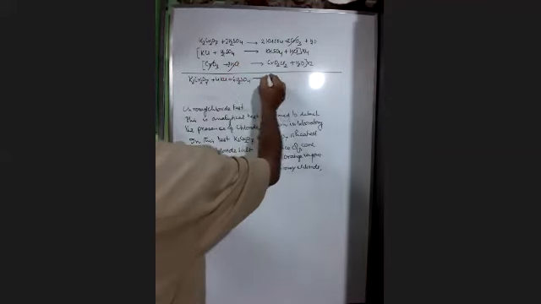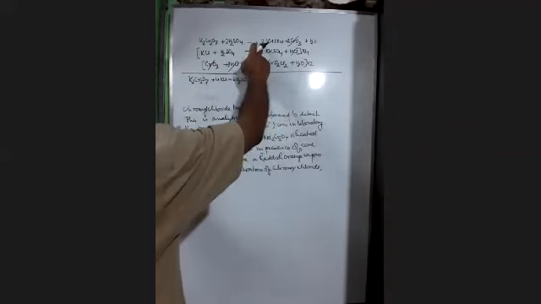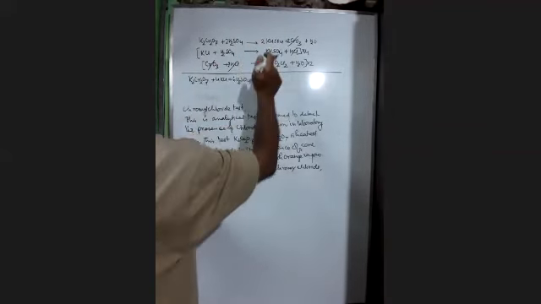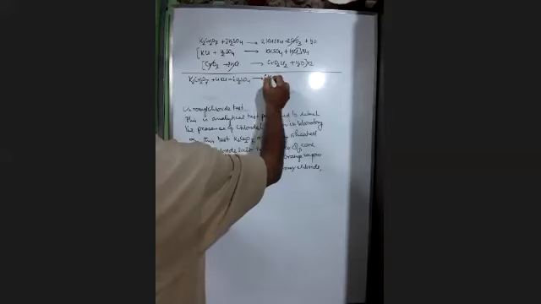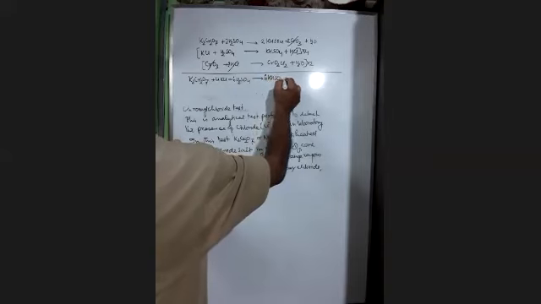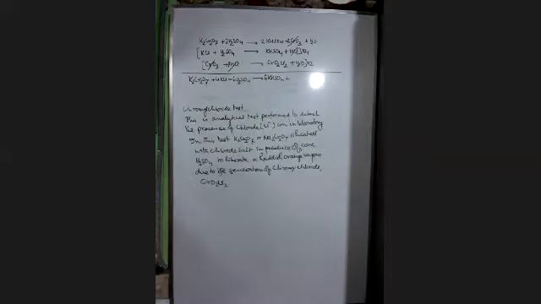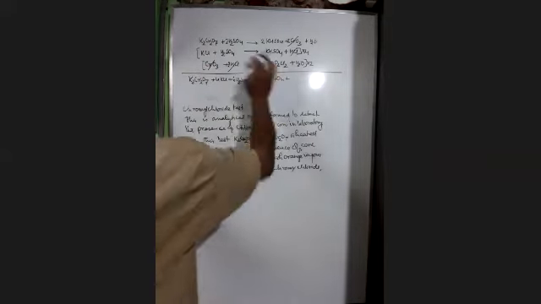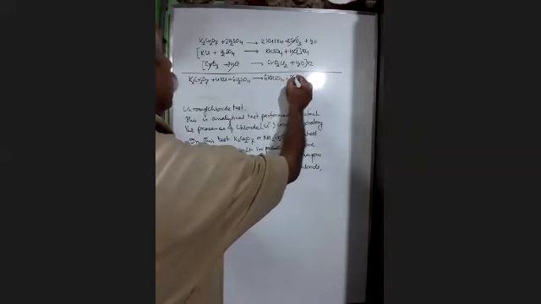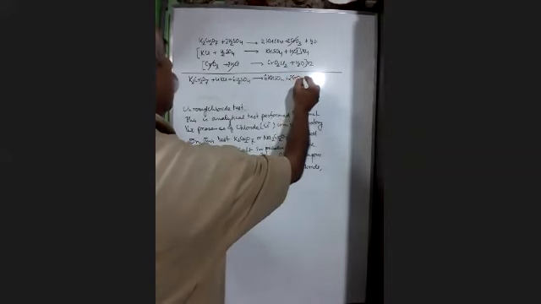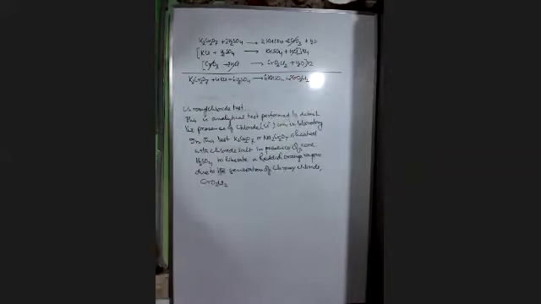Now I write the right hand side. See here, 2 KHSO4 and 4, so it will be 6 KHSO4. Then what is left out here? 2 CrO2Cl2.